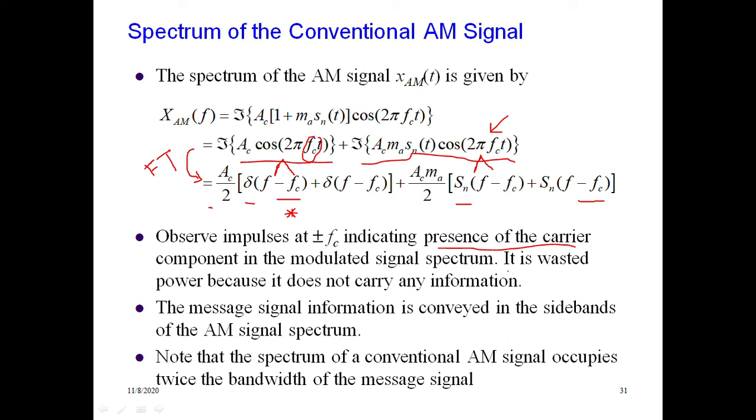Actually it is wasted, because it shows the carrier information, not the message information. The message information is conveyed in the sideband of the AM signal spectrum, which is this one. So this one will represent the message signal. This one represents the carrier.